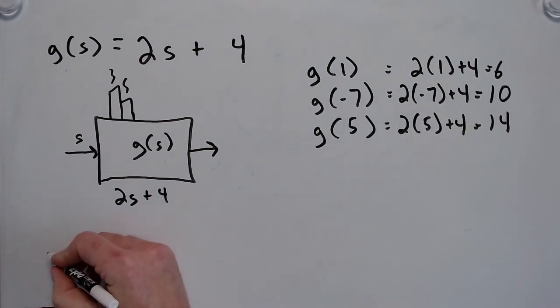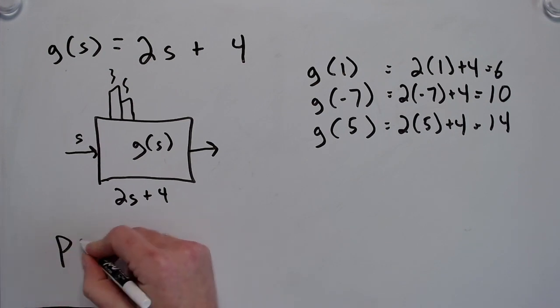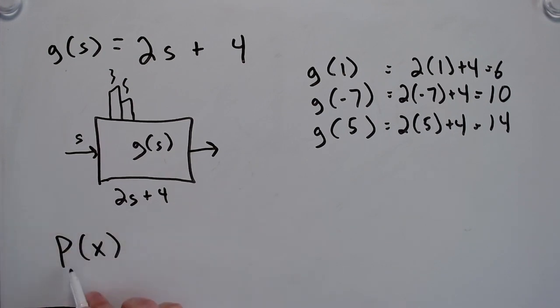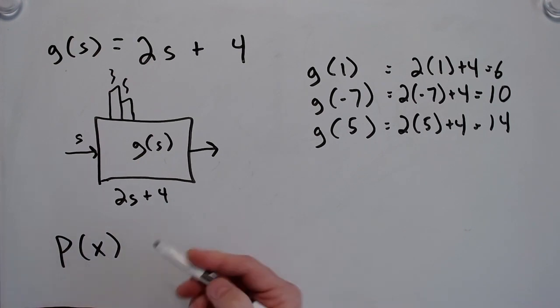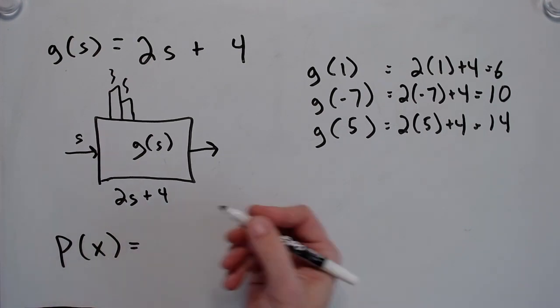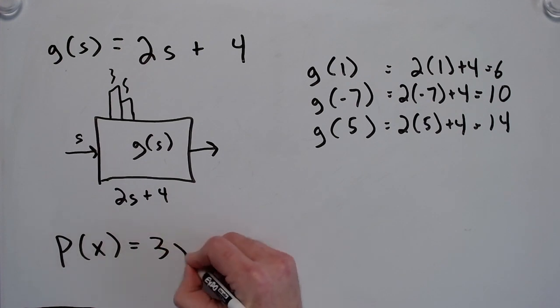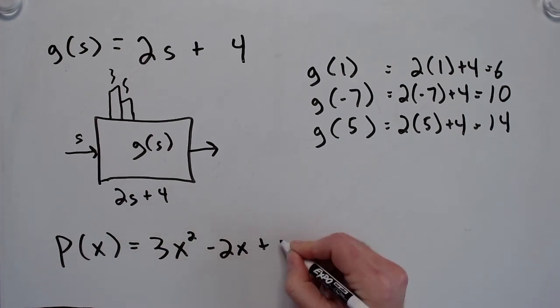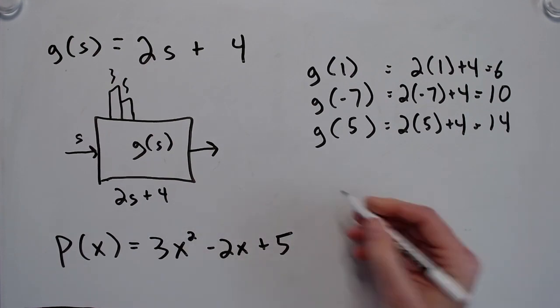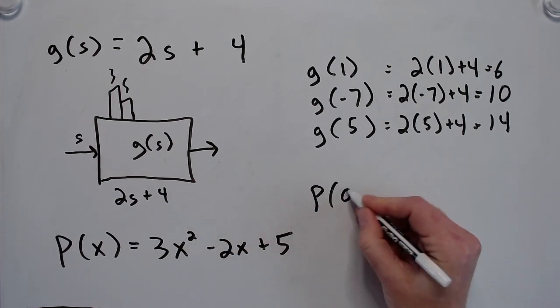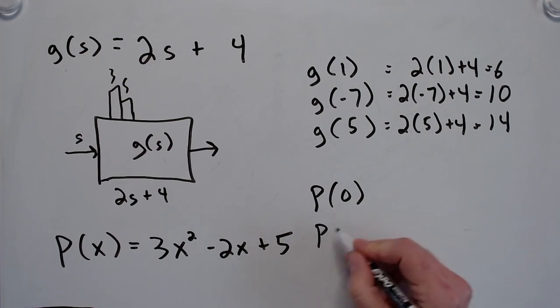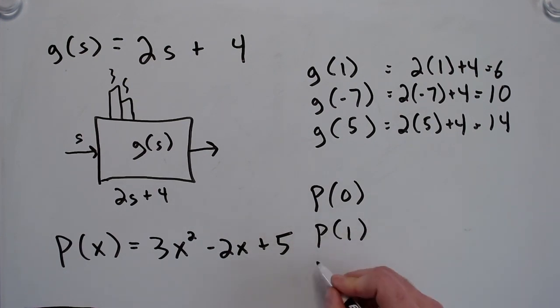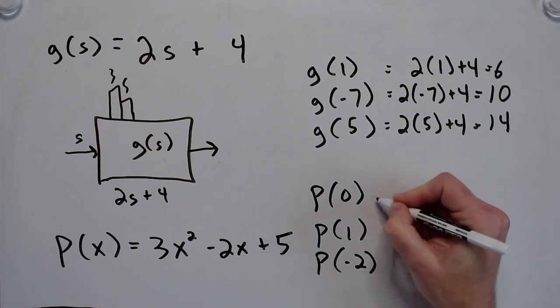I'm going to write another function down here, p of x. Again, just using a capital P as a different name. It's still a function, but this time x is a variable again, as our input. And this function wants 3x squared minus 2x plus 5. And let's find p of 0, p of 1, and p of negative 2. Okay.